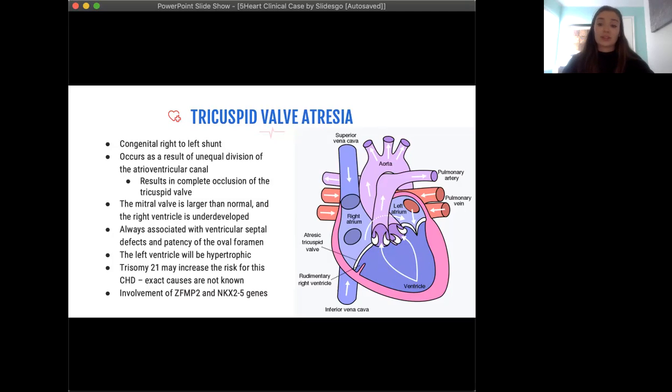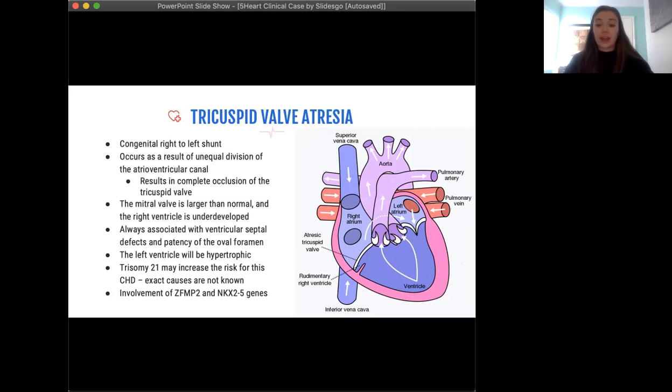This anomaly is always associated with defects in the ventricular septum, of course, separating these two. So that would be this right here. And then patency of the oval foramen, which is shown by the dotted arrow here, meaning that right heart blood can escape into the left side, the left atrium.